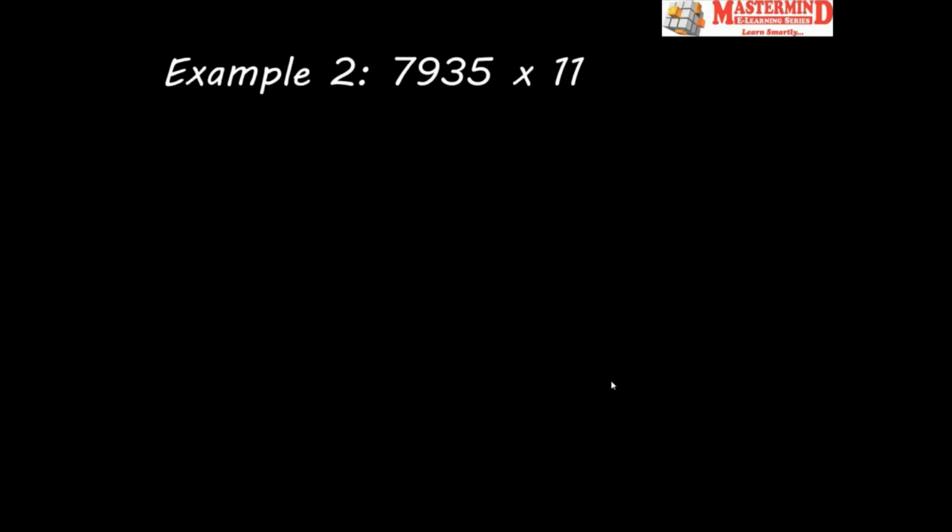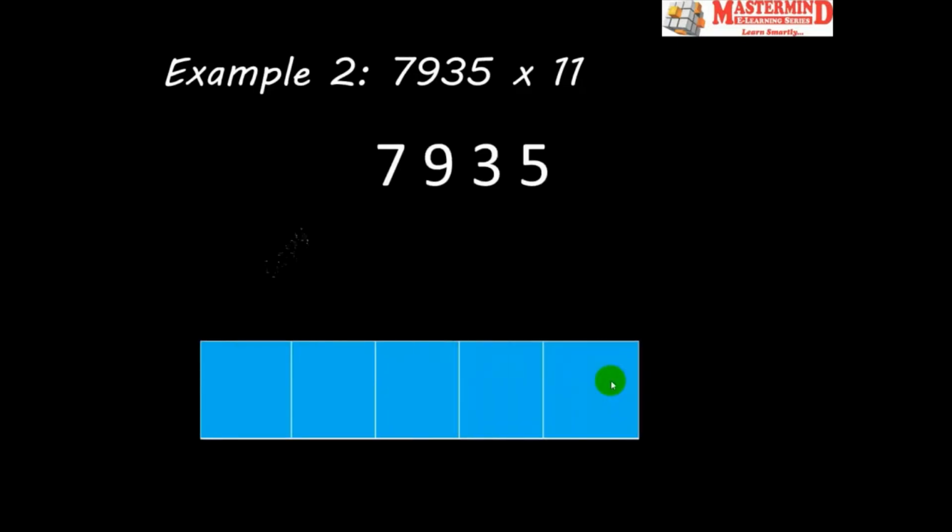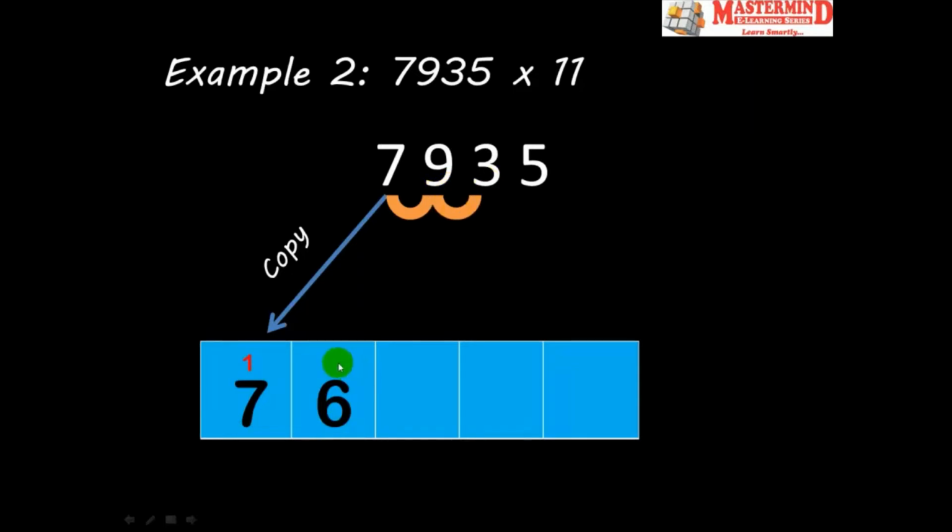Let's see one more example. Now this will have some carryovers. So copy the first digit as it is, that is 7. Next we add 7 and 9, that is 16. So we put a 1 over here and 6 is written in its place. Next we add 9 and 3, that is 12. So we have 1 and 2 over here.